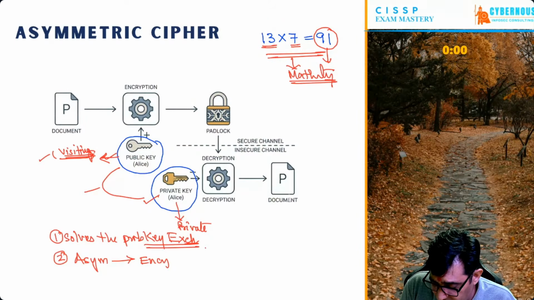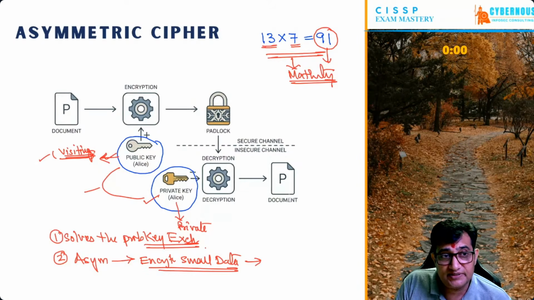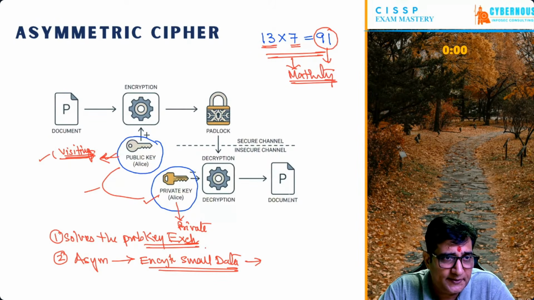It is only suitable for encrypting a small set of data. That's the reason why asymmetric cryptography is normally used for authentication purposes, and for the secret keys which need to be encrypted.